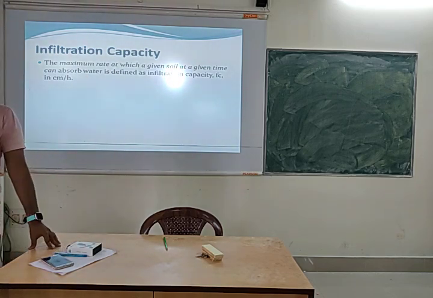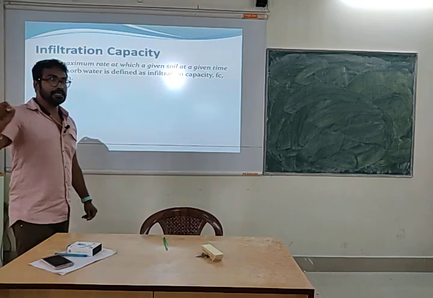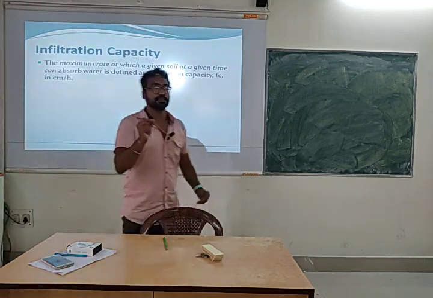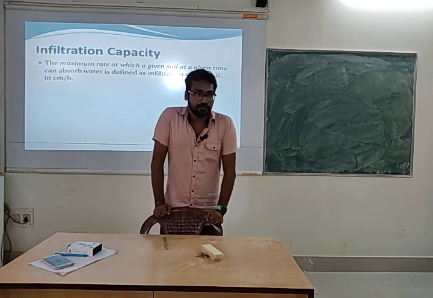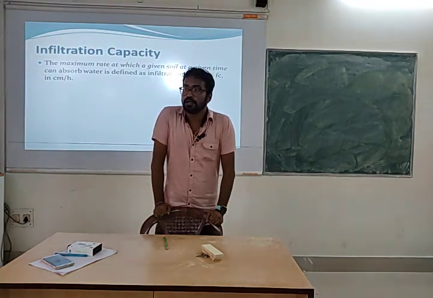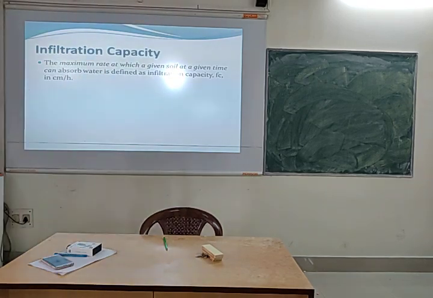The infiltration rate F can at most be equal to the infiltration capacity; it cannot be greater than the infiltration capacity, like the last one, PET and AET. So F can be equal to or lesser than FC. Here it is a fixed value for a particular soil, by the way.